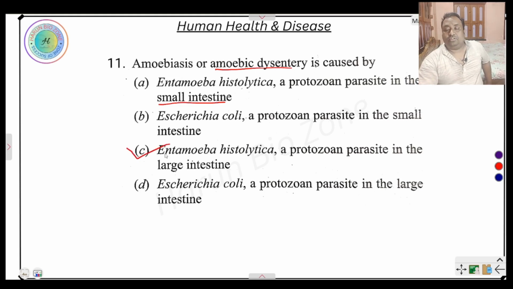This is the correct option. Amoebic dysentery means feces with mucus and blood. So in the large intestine, Entamoeba histolytica causes amoebic dysentery.